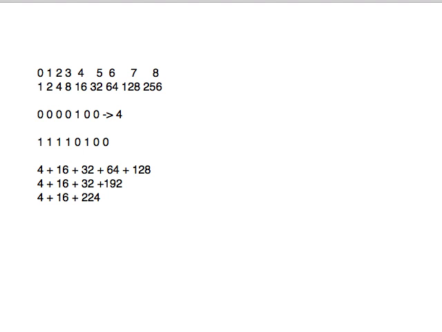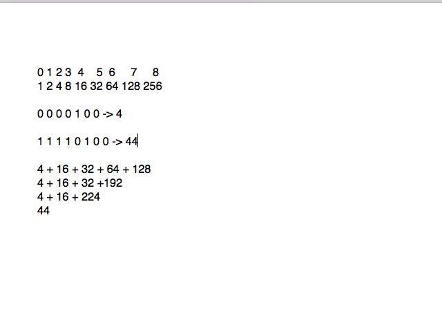Okay, 224 plus 16 is going to be 240. And then plus 4 would be 244. So we'll just skip ahead. And 11110100 in decimal, in base 10, can be represented with the three symbols 2, 4, and 4, 244.